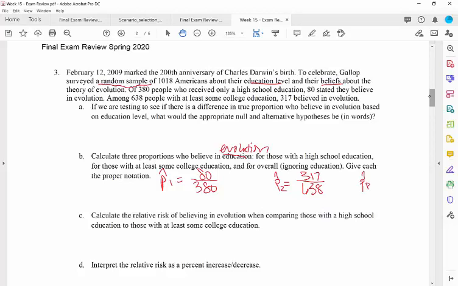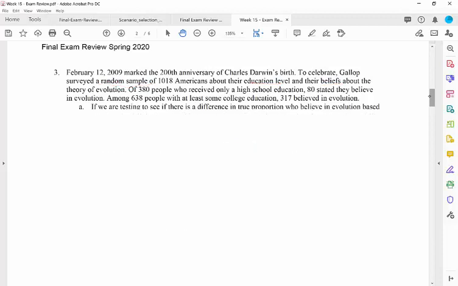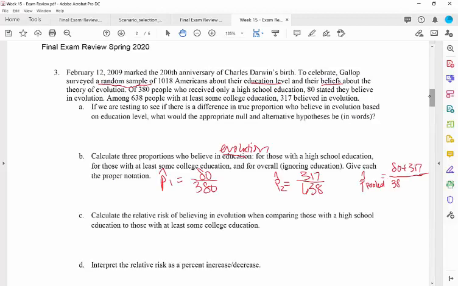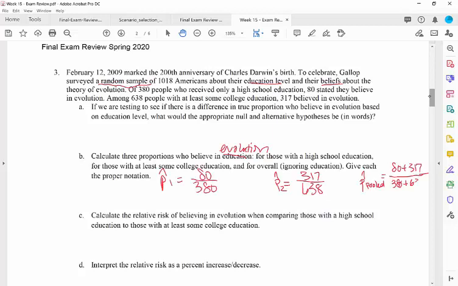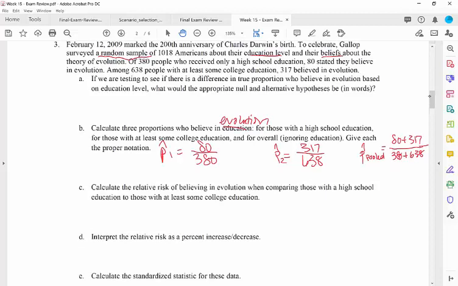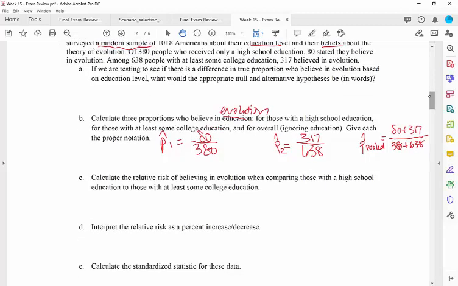And then that p hat pooled is 80 plus 317 divided by the sample sizes, so 380 plus 638. Is that making sense? Mm-hmm. Okay. Yeah.